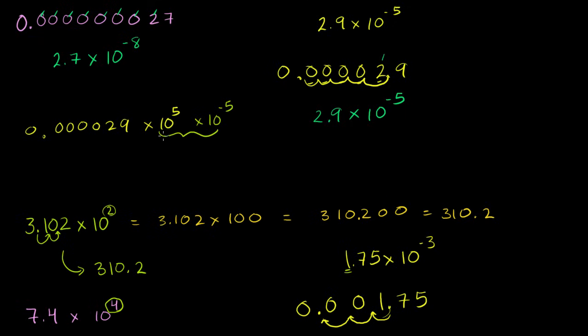This is just multiplying something by 1. 10 to the fifth times 10 to the negative 5 is 1. So this part is essentially going to move the decimal 5 to the right, and then we're going to be left with times 10 to the negative 5.